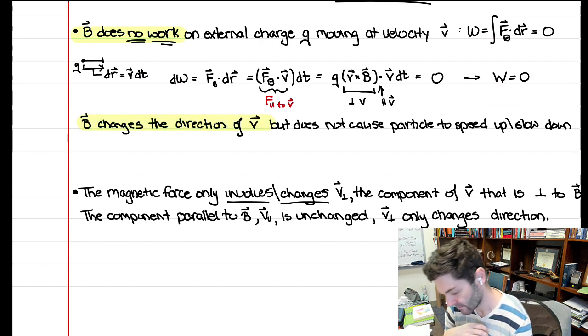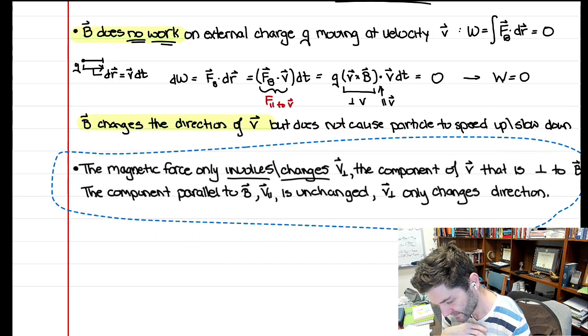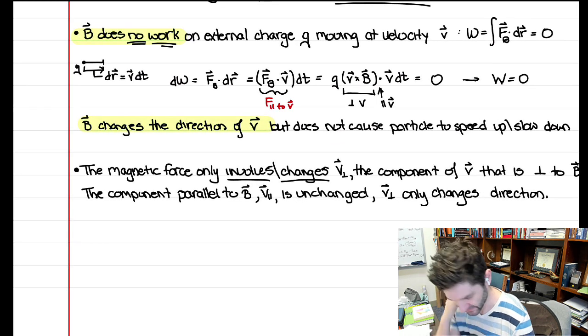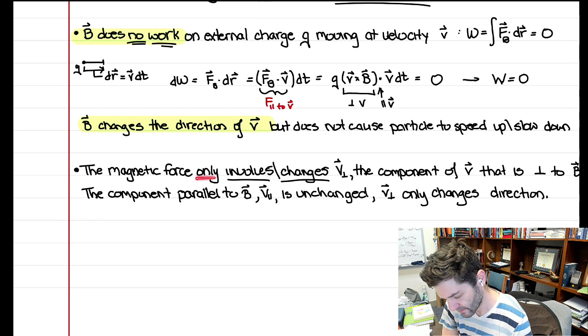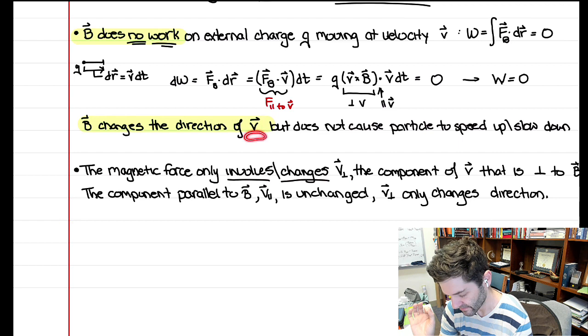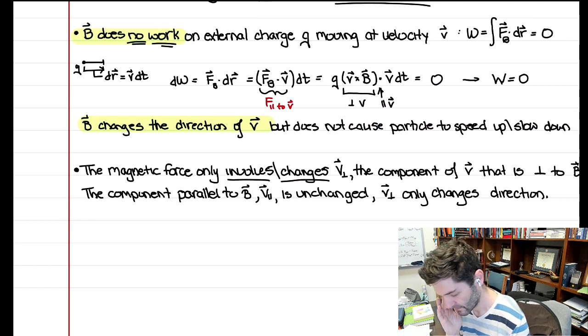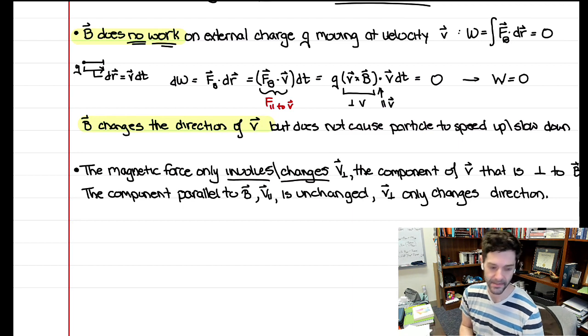We can actually now be a little bit more explicit on what component of the velocity vector is being changed. So here we have the second result I want to work out real quick: that the magnetic force only changes... Now we've just stated that it changes the direction of the velocity vector, but we can bring in the magnetic field and think about when you create a force that's perpendicular to both v and B, it's only changing the component of the velocity vector that is perpendicular to the magnetic field.